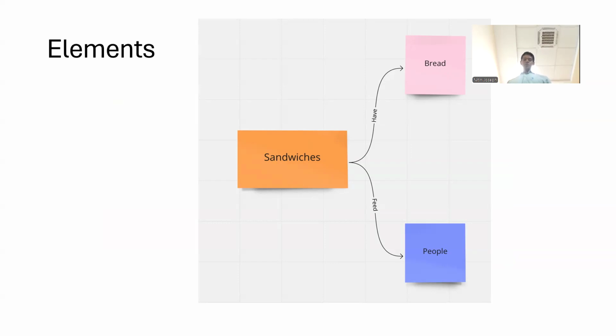There are two other nodes in the form of squares, which are labeled with the concepts bread and people. Both of these are linked to the focus question using the linking verbs have and feed. So the two propositions here are: sandwiches have bread and sandwiches feed people.